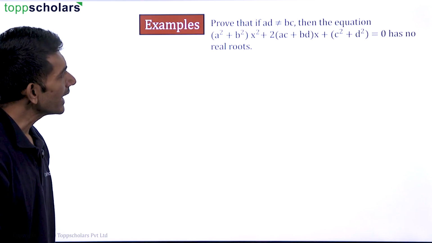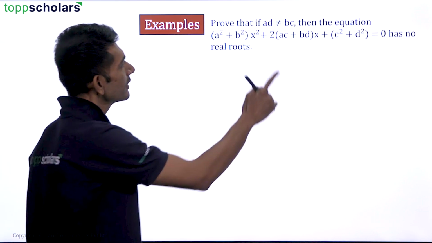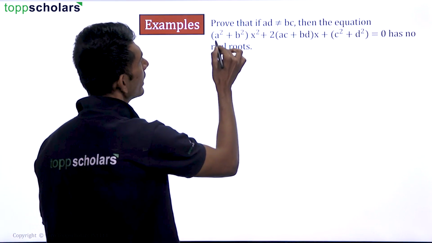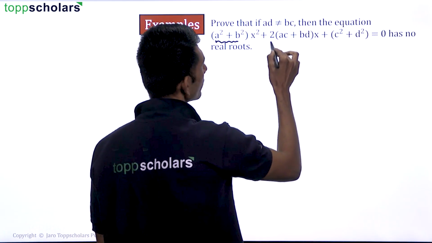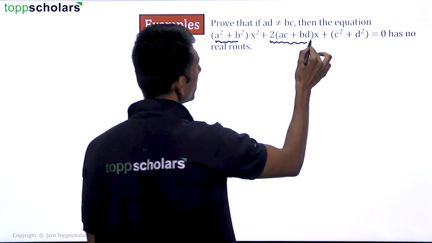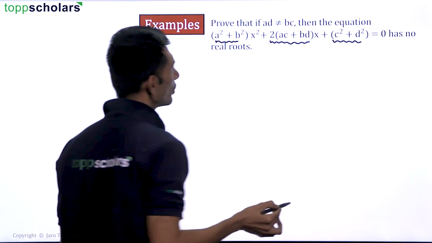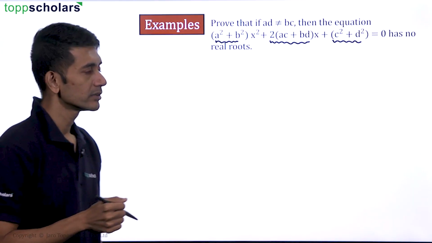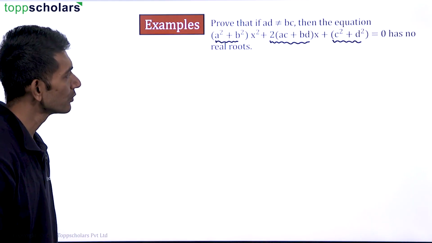Now, prove that if AD is not equal to BC, then the quadratic equation (a square plus b square) x square plus 2 times (AC plus BD) x plus (c square plus d square) is equal to 0 has no real roots. This has no real roots is what we are supposed to prove.